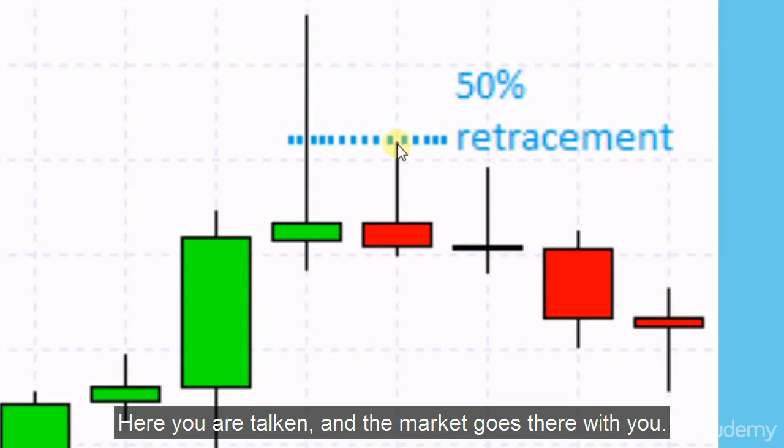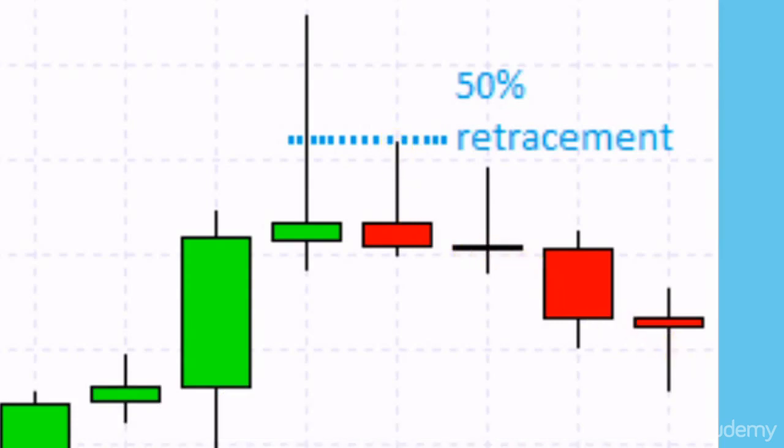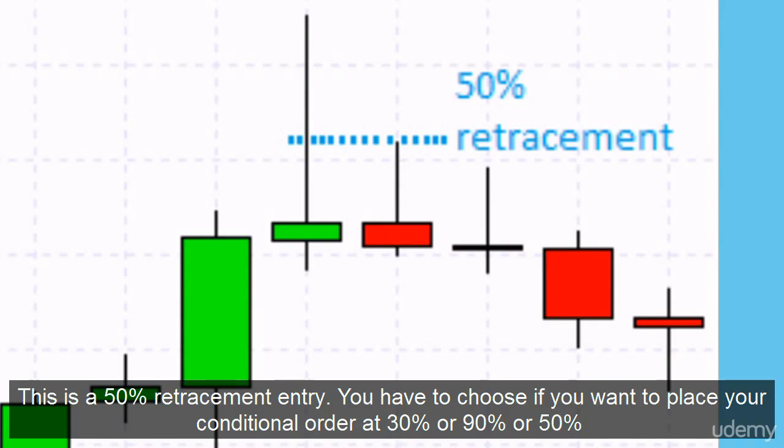So here you are taken and the market goes up with you. This is a 50% retracement entry. So you have to choose if you want to place your conditional order at 30% or 50% or 90%, okay?